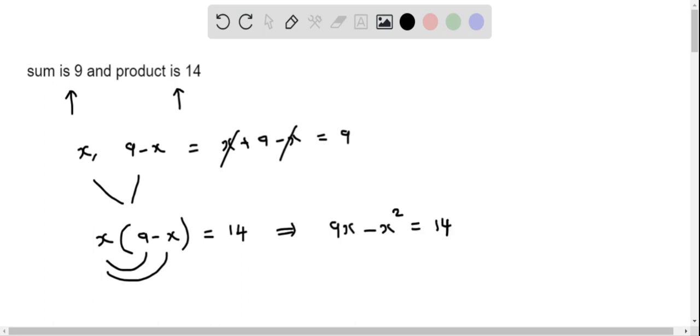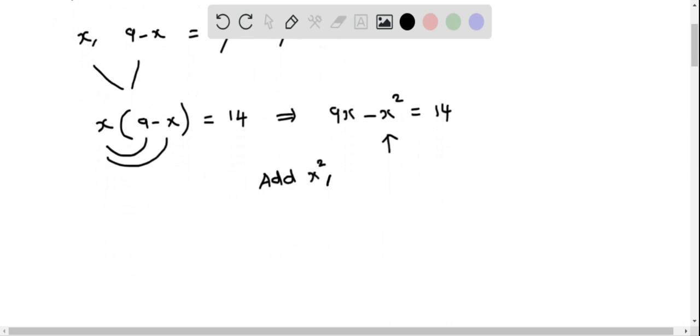Now let's simplify this. We can add x squared on both sides as well as subtract 9x on both sides. That is, we basically bring all the terms to one side and make this negative x squared a positive x squared. So I'm going to add x squared on both sides.